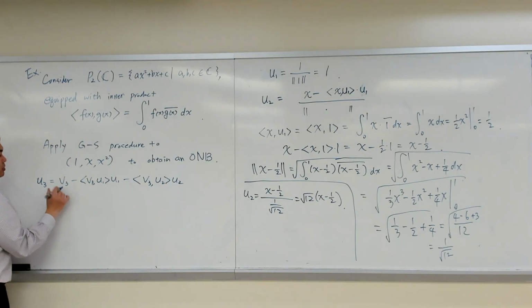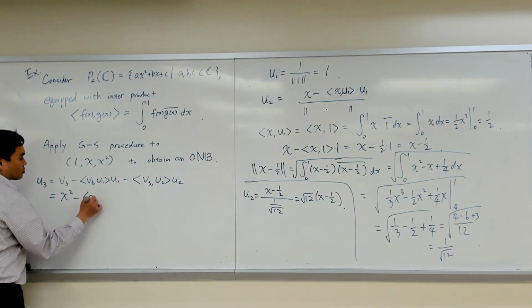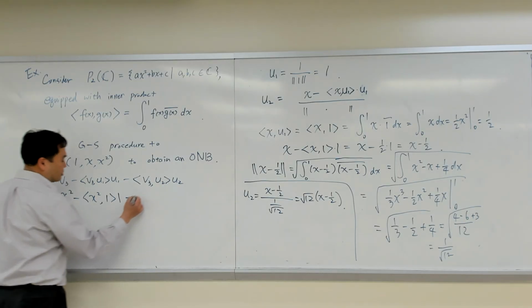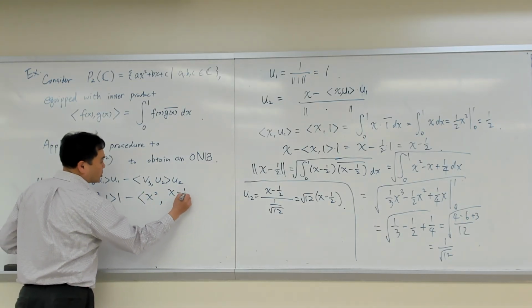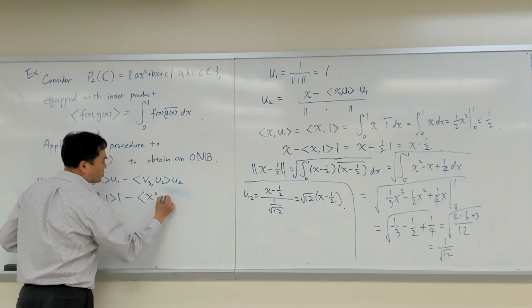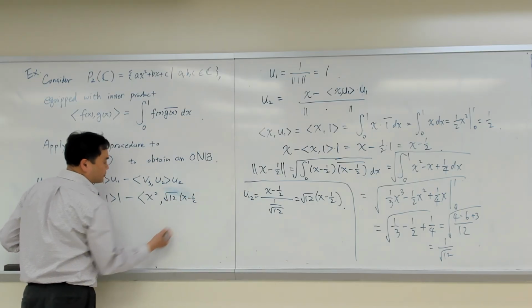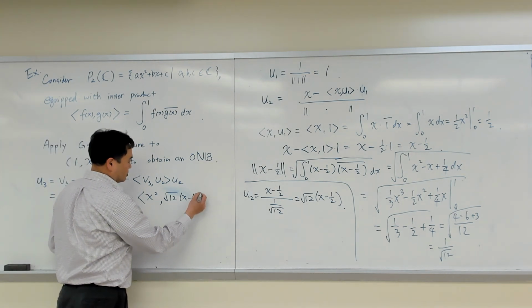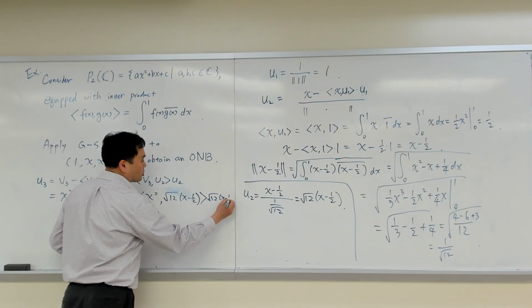In our case, v3 is x squared, so it's x squared minus the inner product of x squared and 1 times 1, minus the inner product of x squared with square root of 12 times x minus 1/2, times square root of 12 times x minus 1/2.